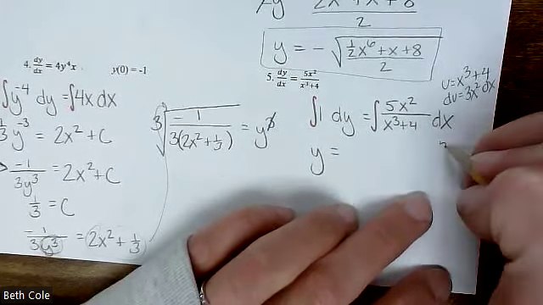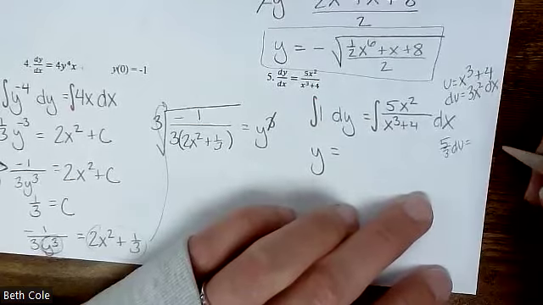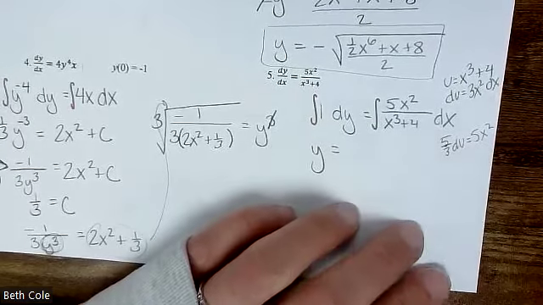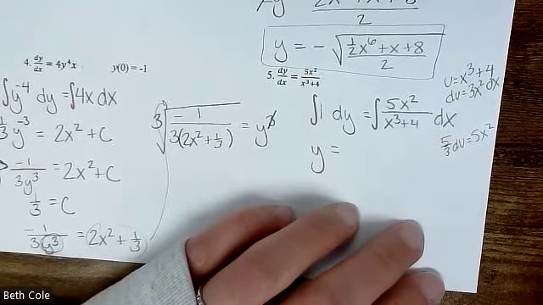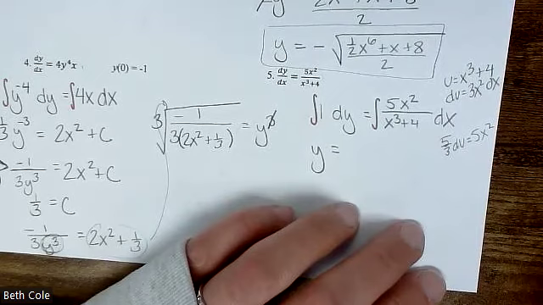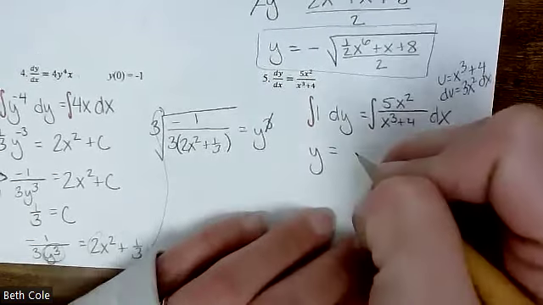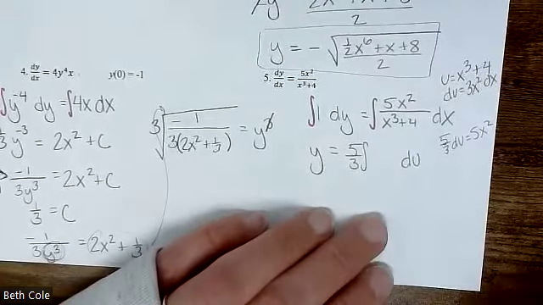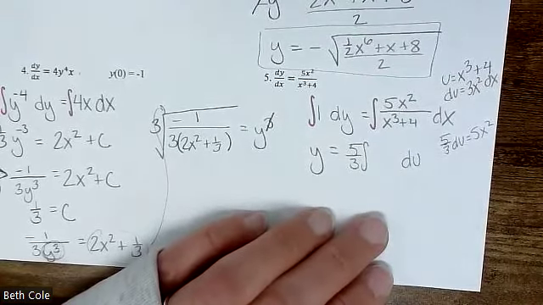It would be 5/3 du equals 5x squared. I ran out of room to put the dx. Anyway, there's going to be a 5/3 out front. So it's going to be 5/3 integral, leave a space, du. What's still there?